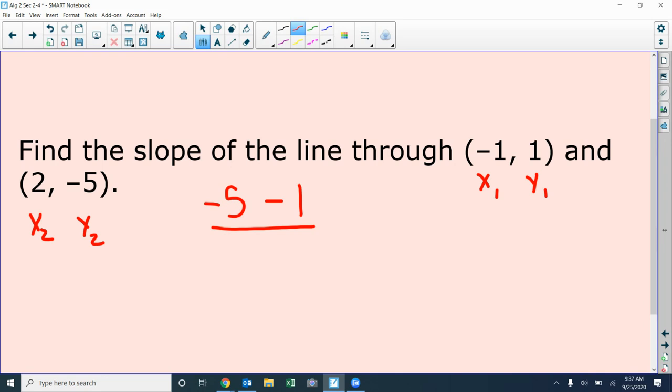So my y is -5, and then my y over there is 1, so it's -5 minus 1. Here I'm looking at 2. This is where I'm gonna have minus a -1. So -5 minus 1 gives me -6, and this is gonna give me +3, so my slope is -2. My slope there is -2.